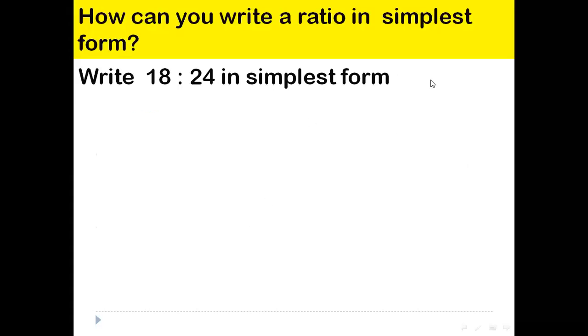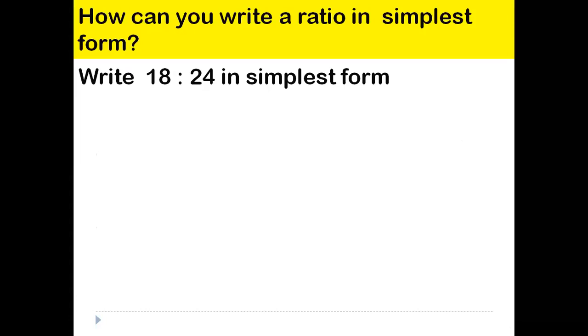Well, let's start talking about the simplest form of ratios. How can you write a ratio in simplest form? If you look at this ratio, 18 to 24, we need to write it in simplest form. Do you remember in the previous lesson, one way of writing a ratio is fractional form?